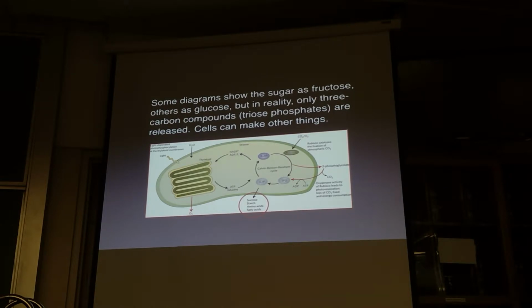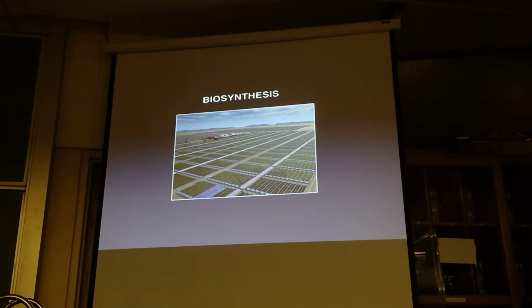But because glucose can be catabolized via glycolysis and the Krebs cycle, there are multiple intermediates along the way that can be used to build other kinds of molecules. So we're going to look at this just very briefly, kind of biosynthesis in general.